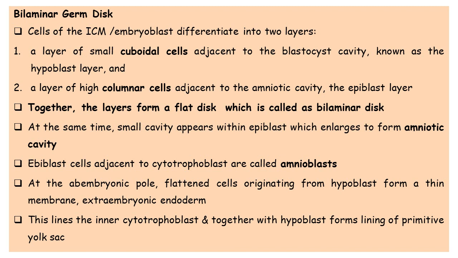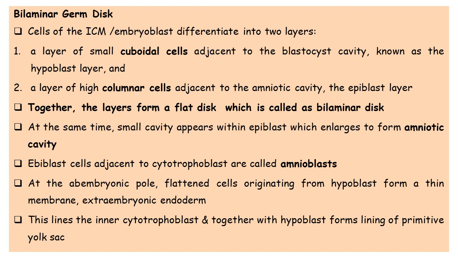And the cells at the abembryonic pole. What is the abembryonic pole? It is the part of the developing embryo which is directly opposite the ICM, or inner cell mass. The end which is opposite to the ICM is called the abembryonic pole. And the flattened cells originating from the hypoblast form a thin membrane that is called the extra embryonic endoderm.